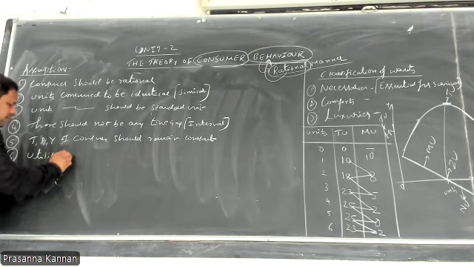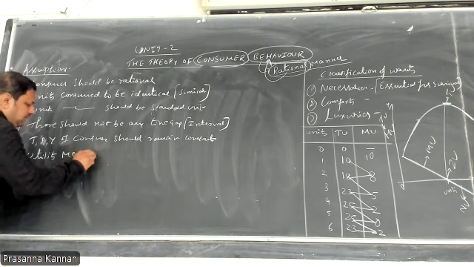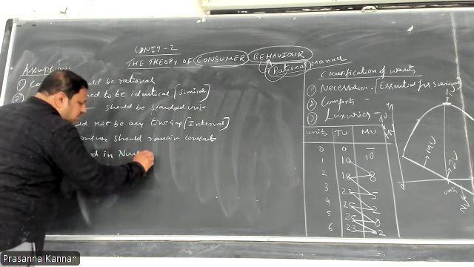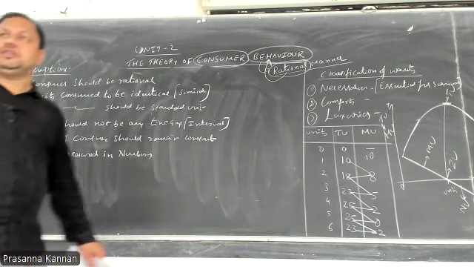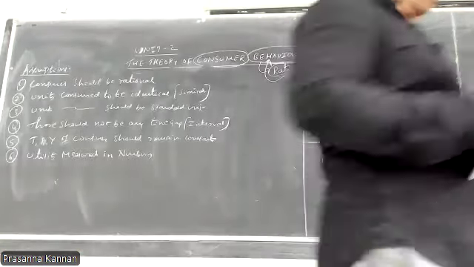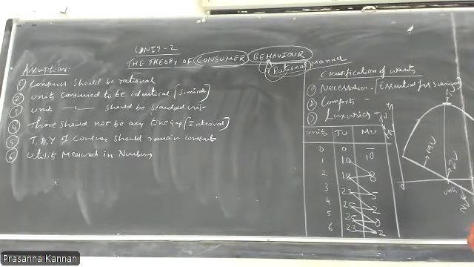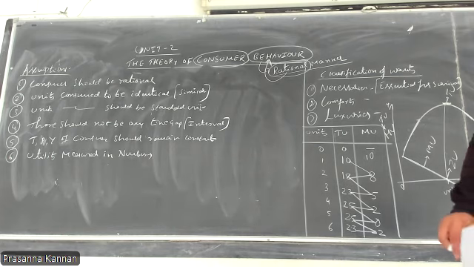Utility can be measured in numbers. Who said this? Of course, me in the classroom. But who developed this concept that utility can be measured in numbers? Alfred Marshall. I said, no. Who?